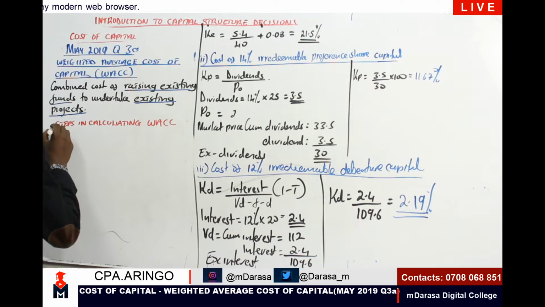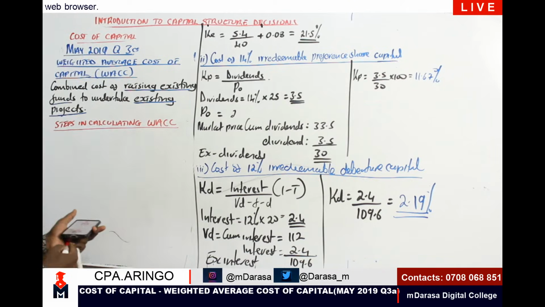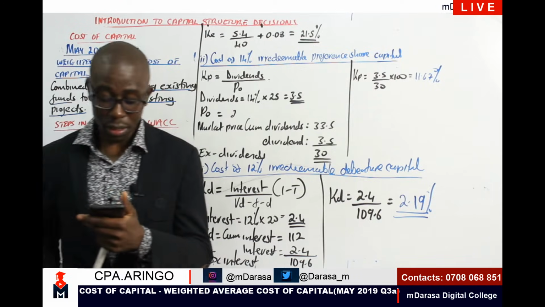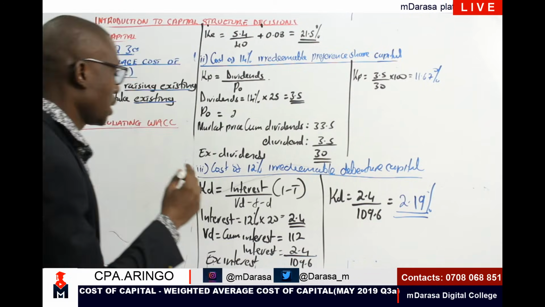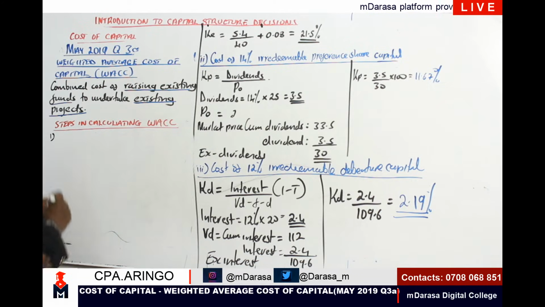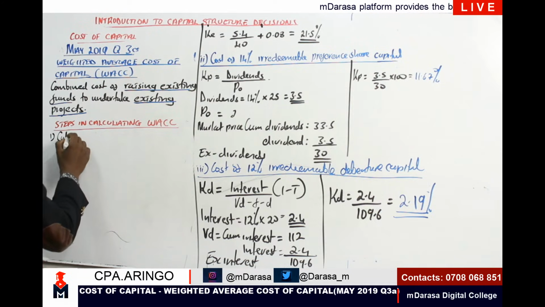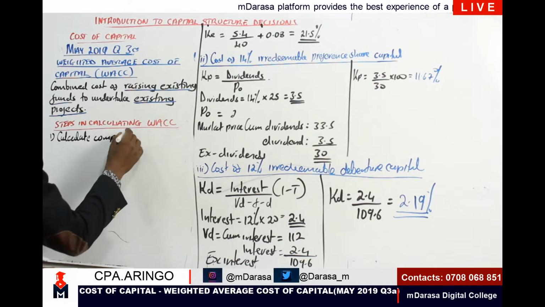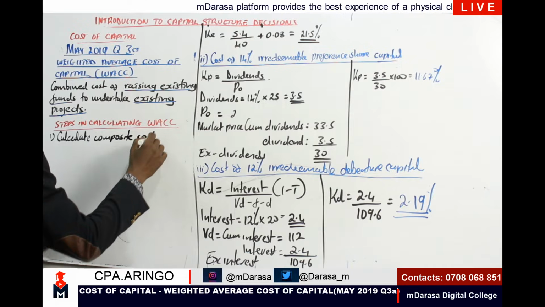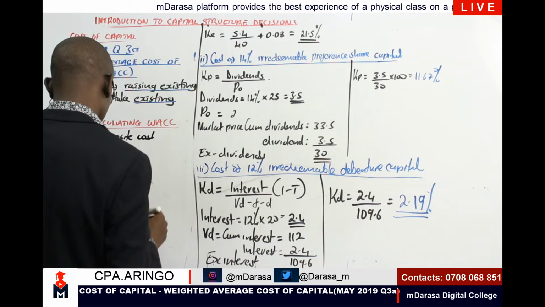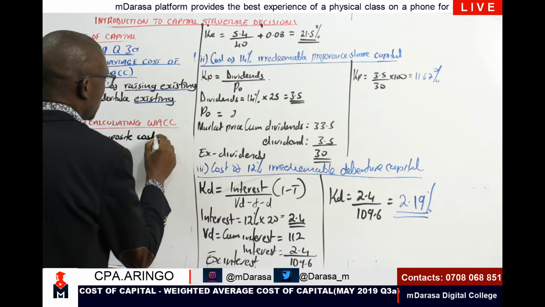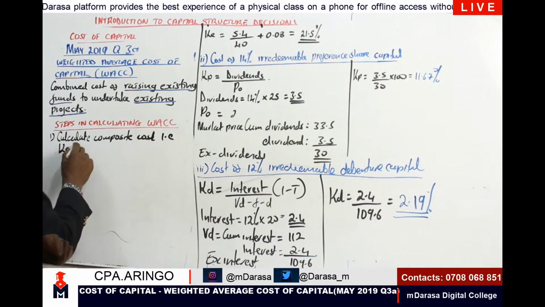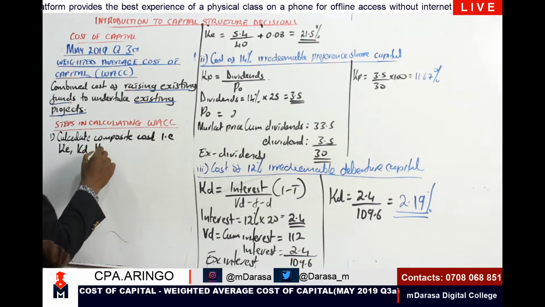Number one step, what you need to do is to calculate the composite cost of capital. What will constitute that? You need to calculate your KE, you need to calculate your KD, and you need to calculate your KP.